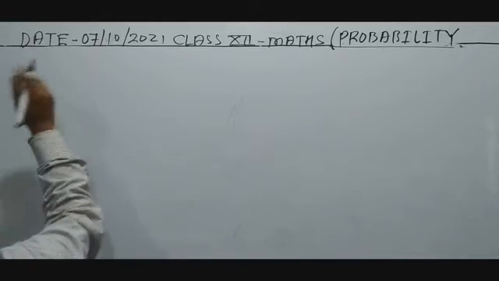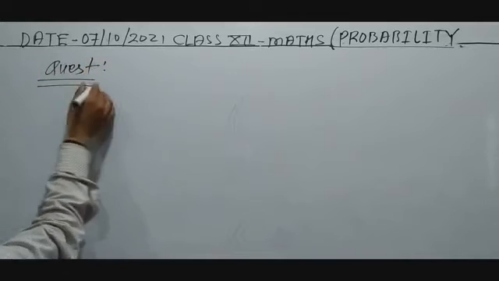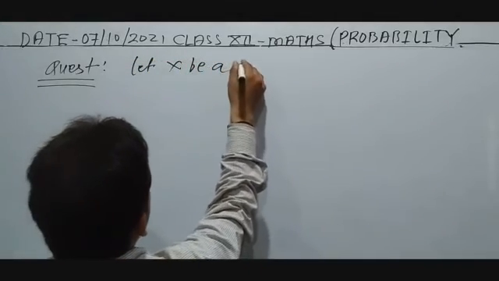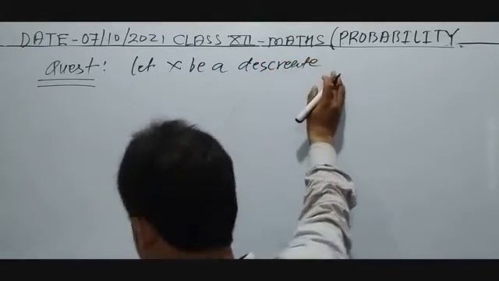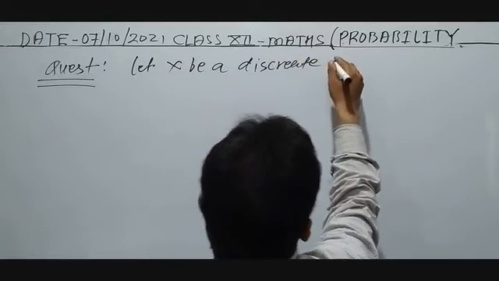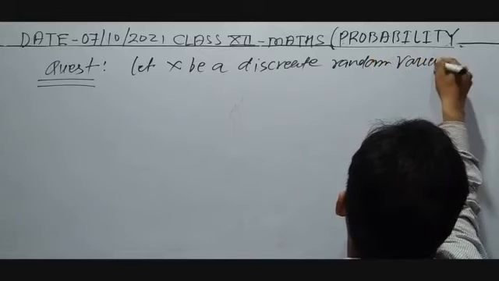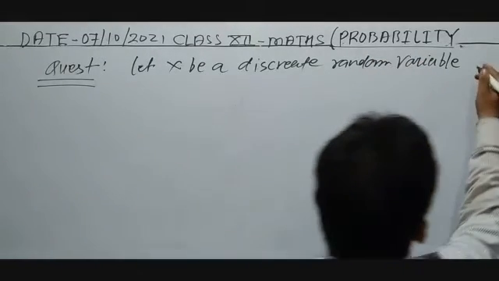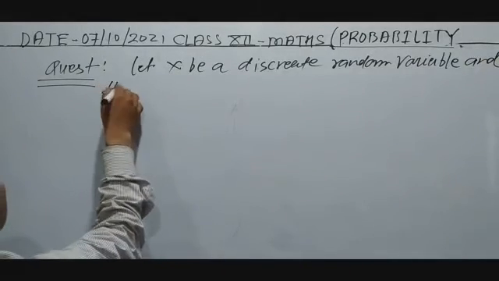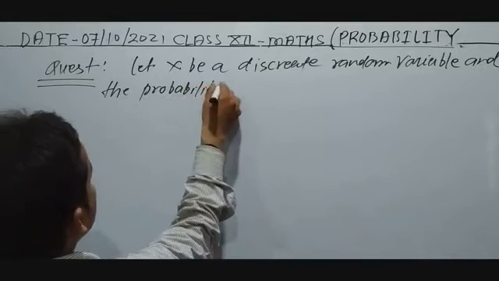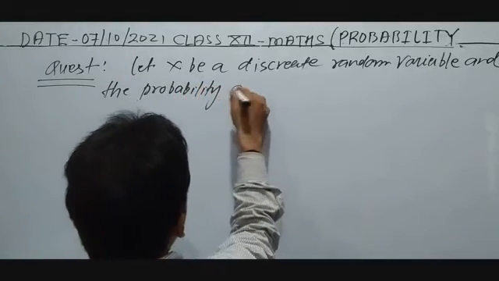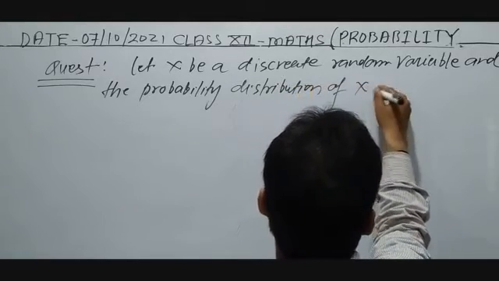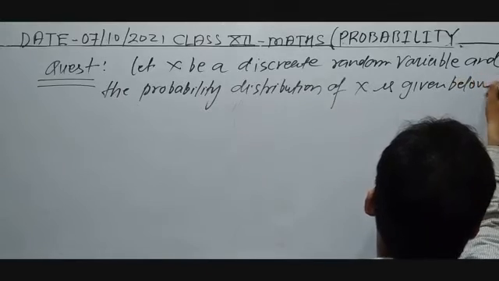Or you can consider: let X be a discrete random variable, and the probability distribution of X is given below.